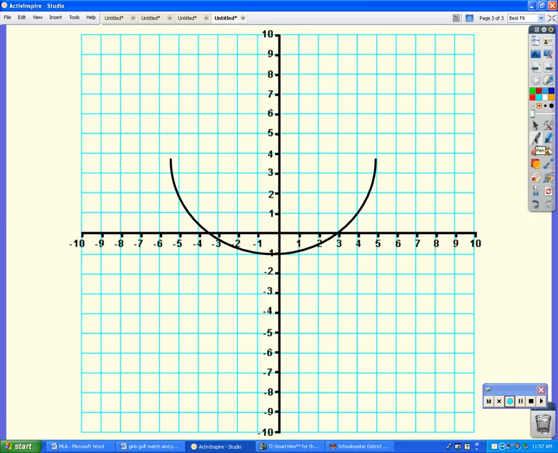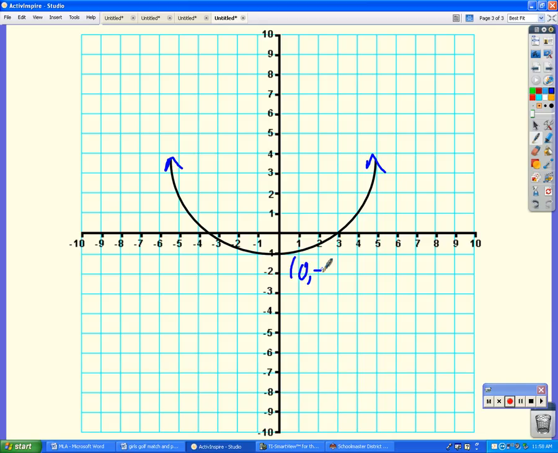All right, so to start with, let's take this parabola right here. Okay, put that away, please. And will someone raise their hand and tell me the coordinates of the vertex of this parabola? The x comes first, yep. 0, -1.